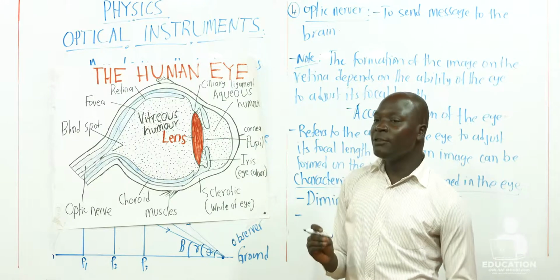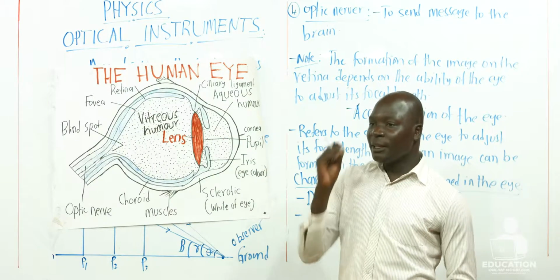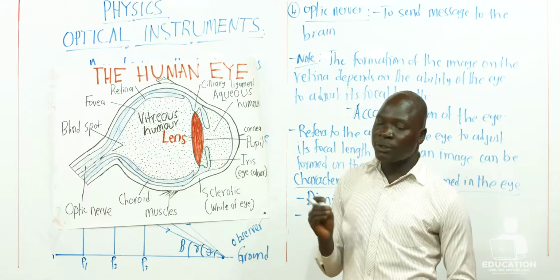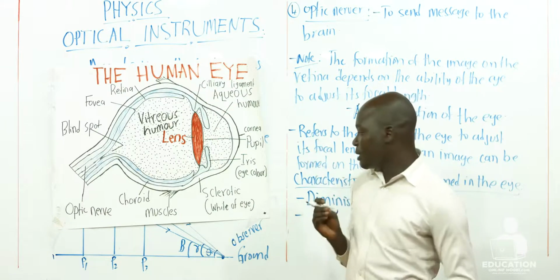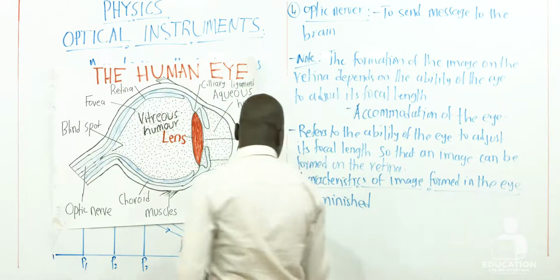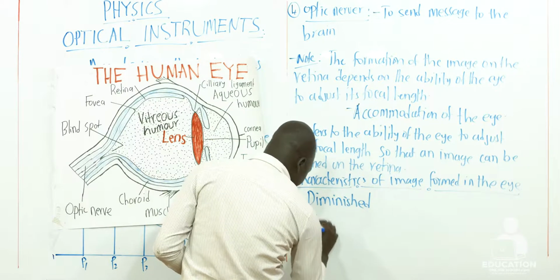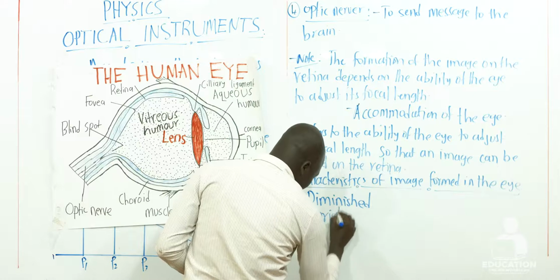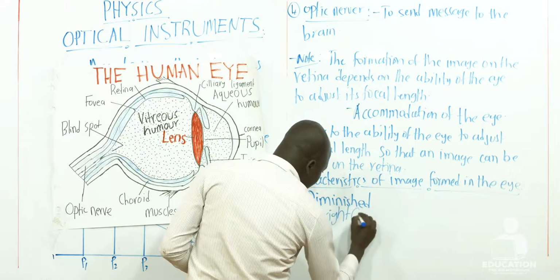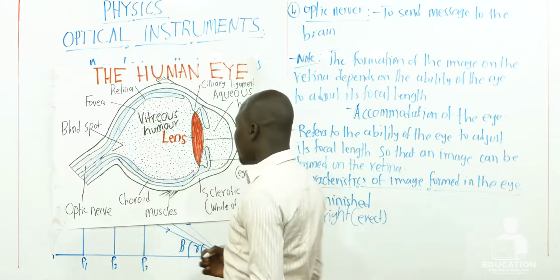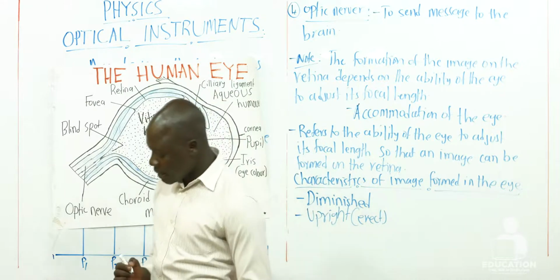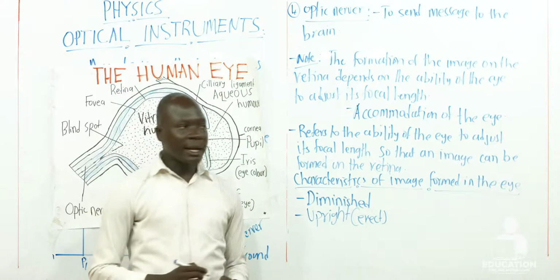When you look at an individual who is standing, the brain will interpret that the image formed is also standing, which means we say the image formed in the human eye is upright, or we use the word erect.